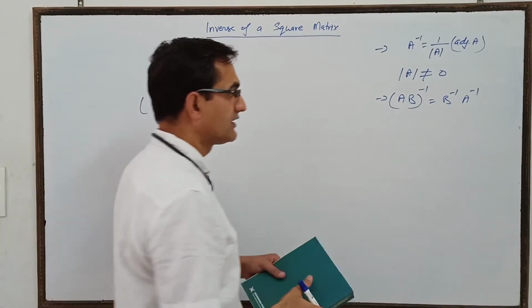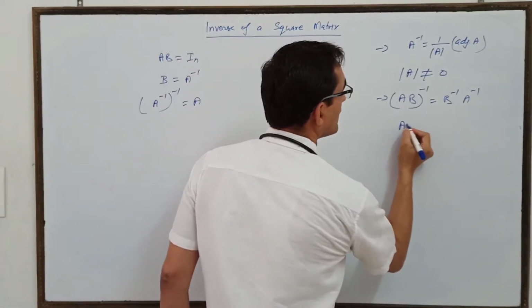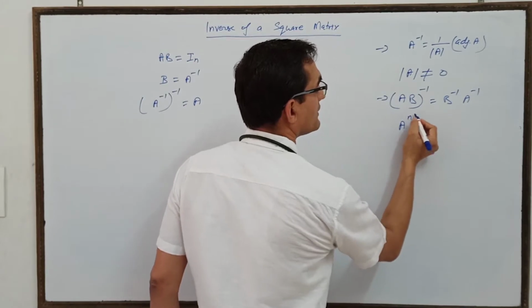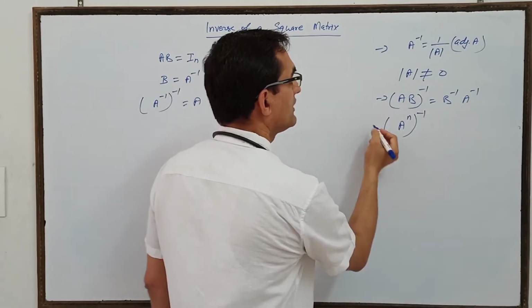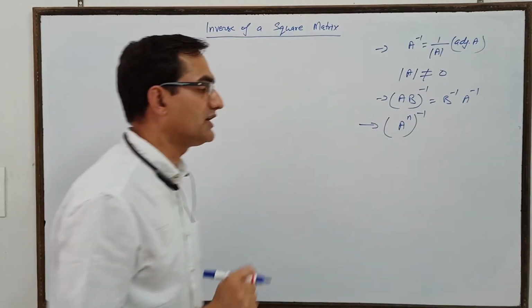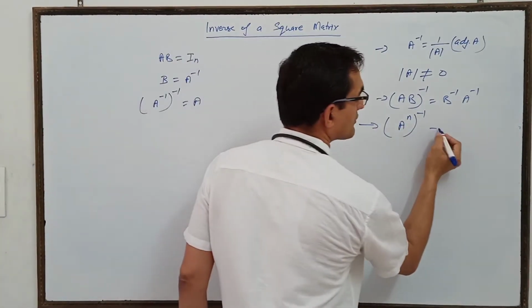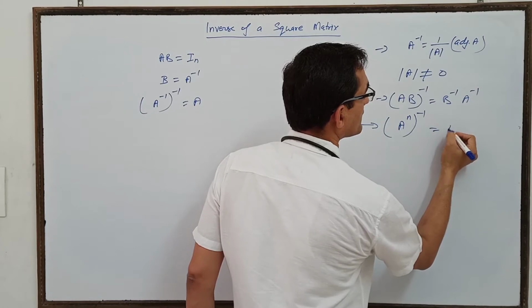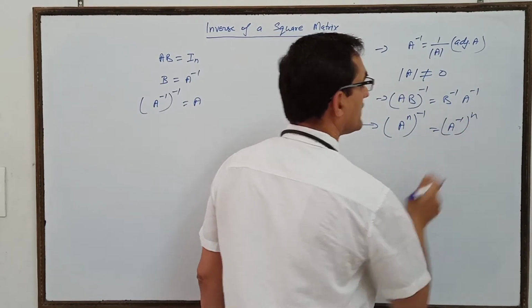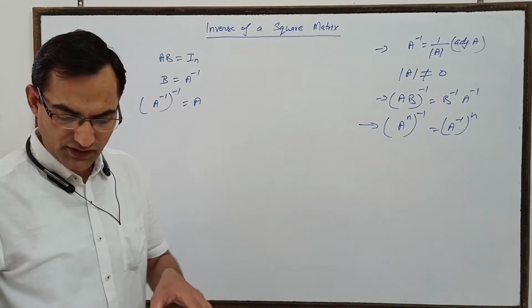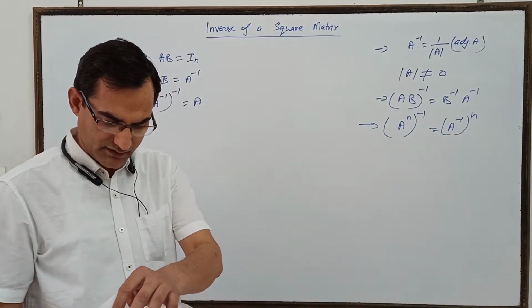The next is the inverse of A to the power n, which you can write as inverse of A, to the power n.